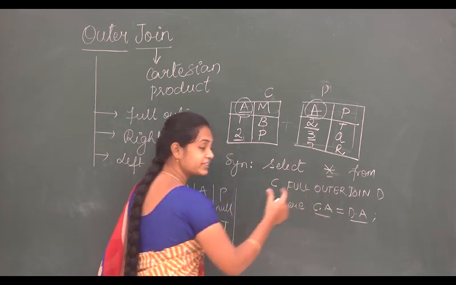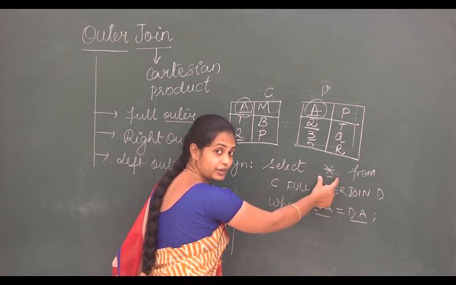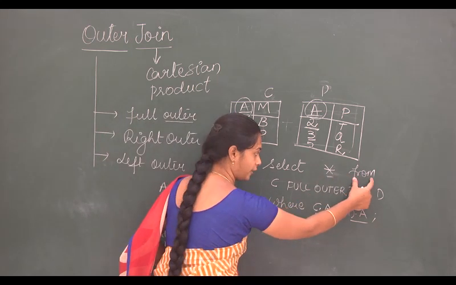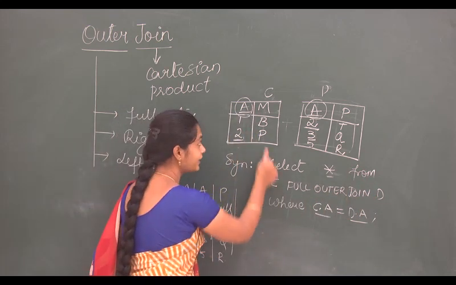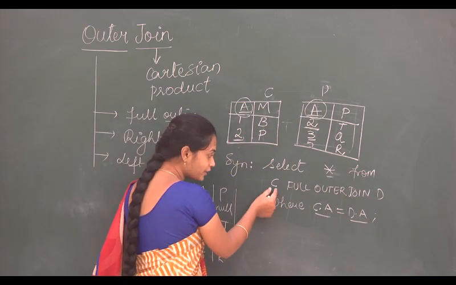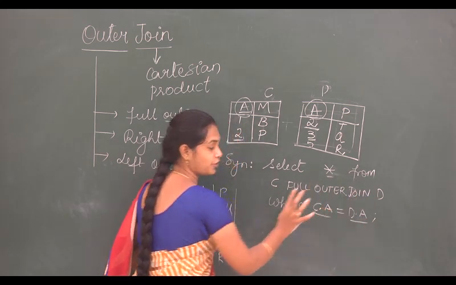Okay, and how do you write the query here? Select whatever attributes we want to select, that you have to write in the select part. From what are the two tables you want to join? You want to join C and D. So in between C and D, you have to write full outer join.